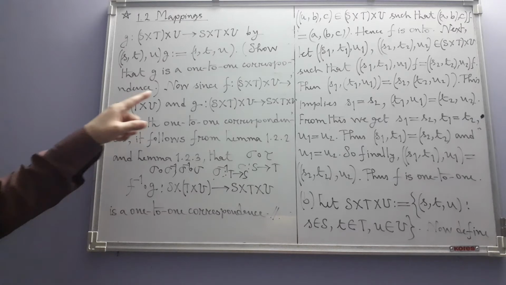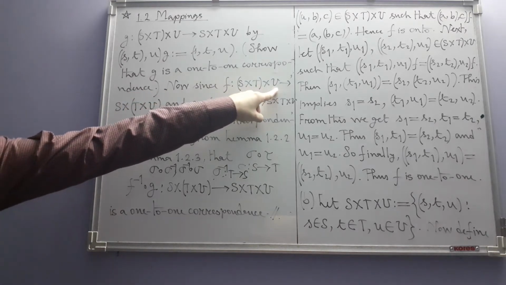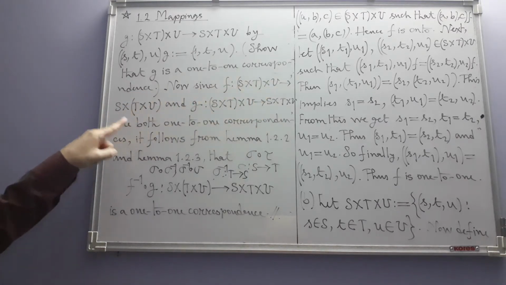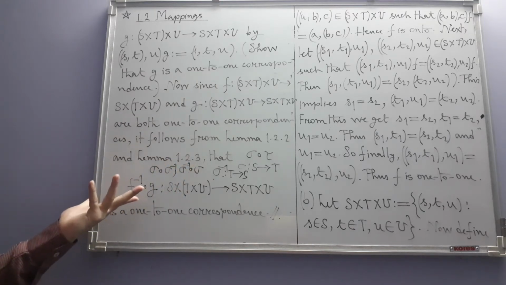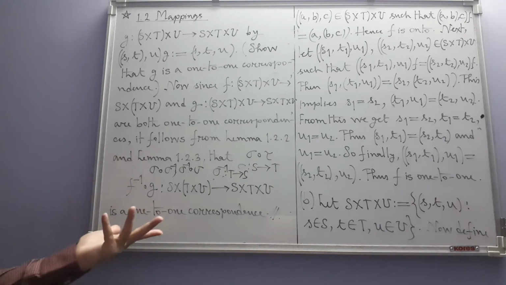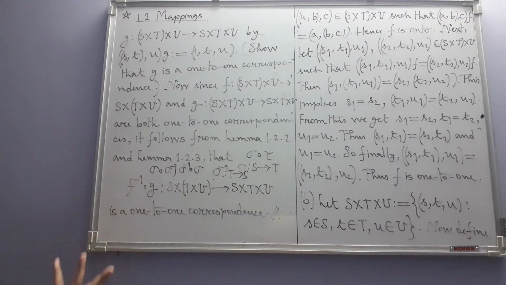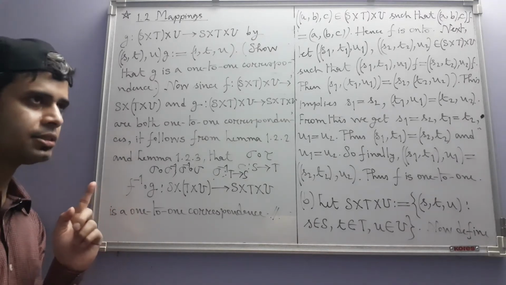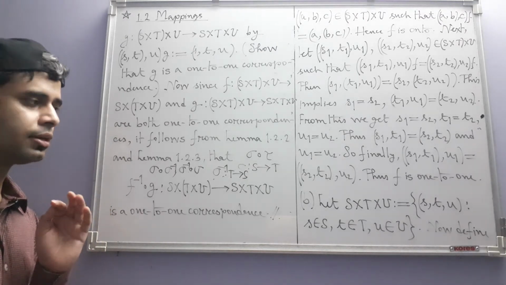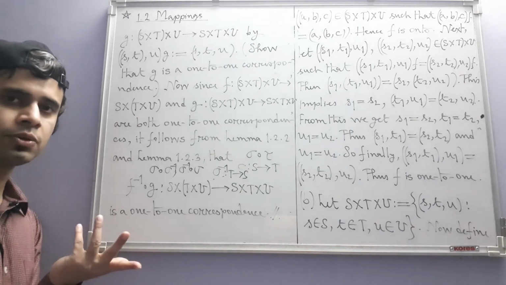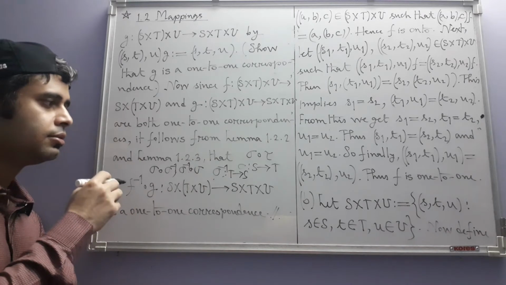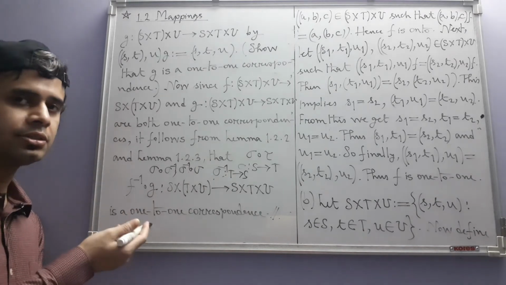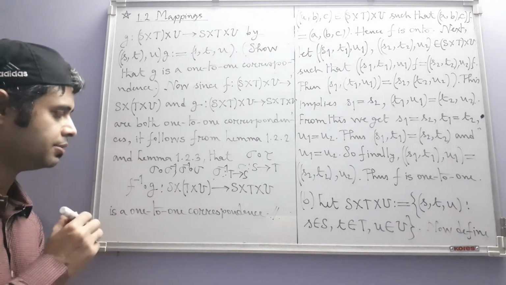You see, first of all, F is a one-to-one onto mapping. So according to lemma 1 to 3, F inverse exists and is also a one-to-one and onto mapping. Have we actually proved that the inverse is also a one-to-one onto mapping? I am not sure, but it can be shown very easily. If you look at a one-to-one onto mapping, you will see that its inverse is also a one-to-one and onto mapping.